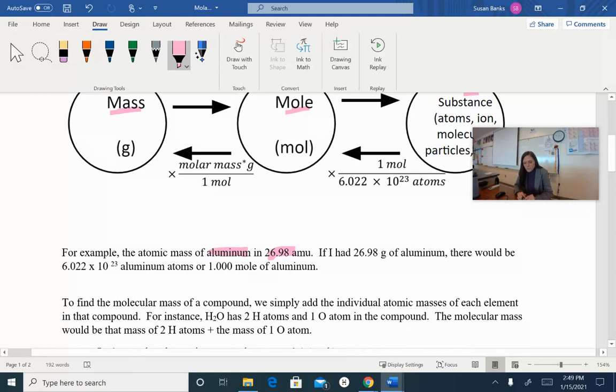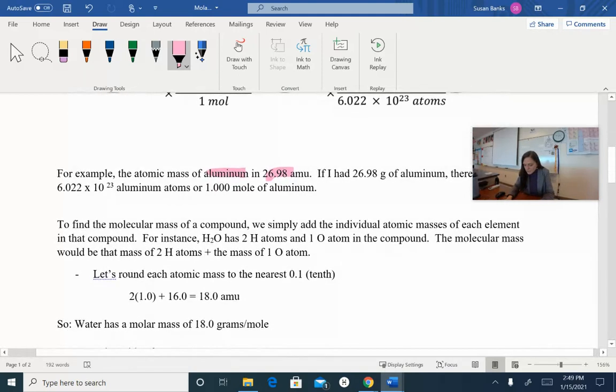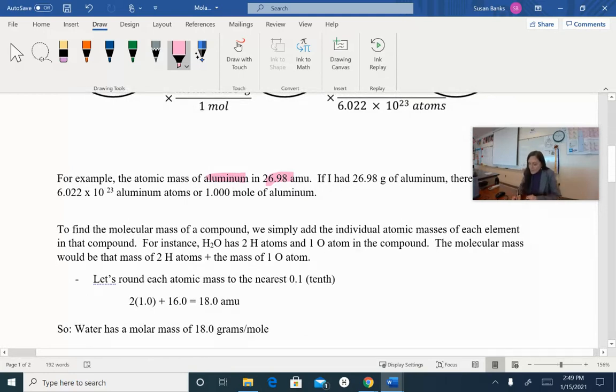Today we're going to work on finding the molecular mass of a compound. To do that, we simply add the individual atomic masses of each element in the compound. For example, water, H2O, we have 2 hydrogens and 1 oxygen in that compound.